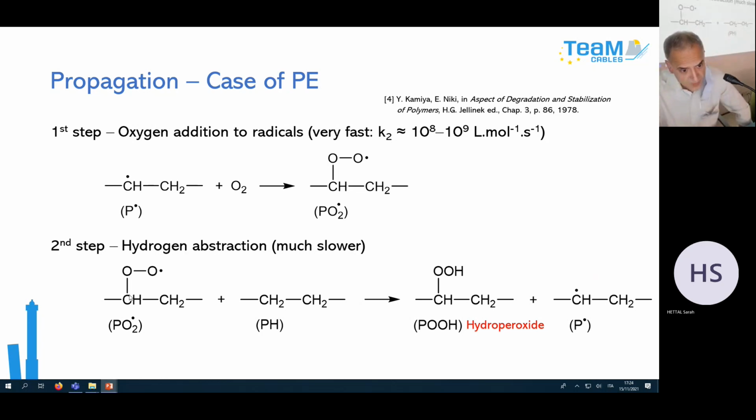And in fact, the rate of this reaction depends at the first order on the lability of the CH bond, the ability to abstract this hydrogen.